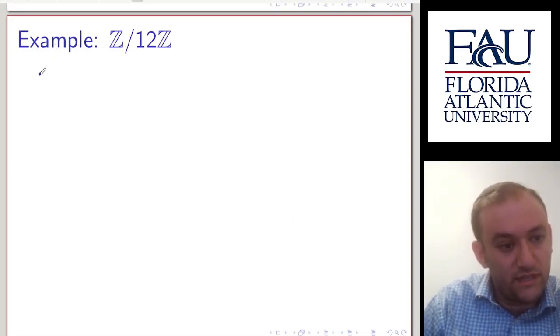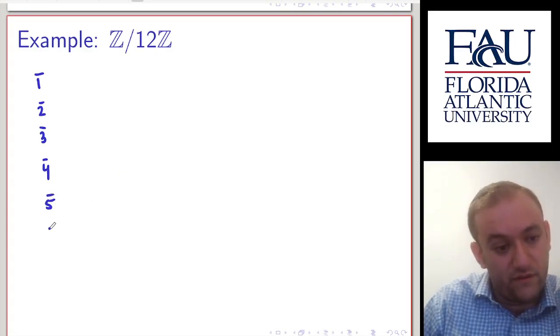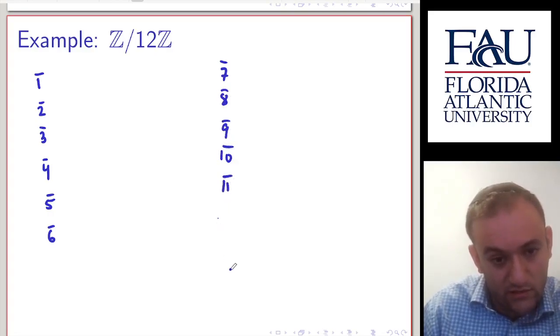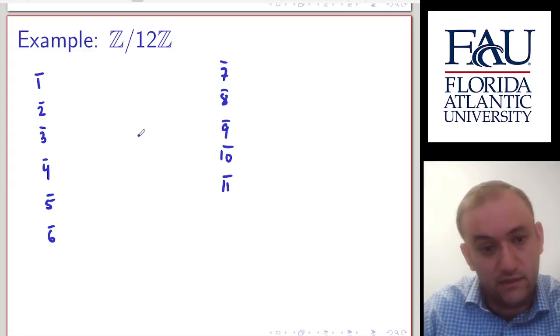Okay, so let's go element by element with Z mod 12Z. 1, 2, 3, 4, 5, 6, 7, 8, 9, 10, 11, and 12 corresponds to 0.